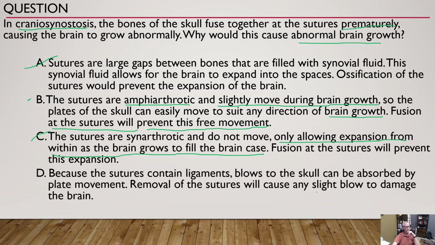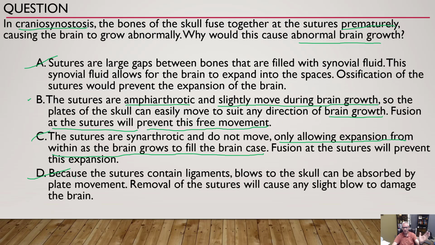Removal of the sutures will cause any slight blow to damage the brain. All right, this has nothing to do with abnormal brain growth, sutures prematurely causing the brain to grow abnormally. So we're going to throw this one out.